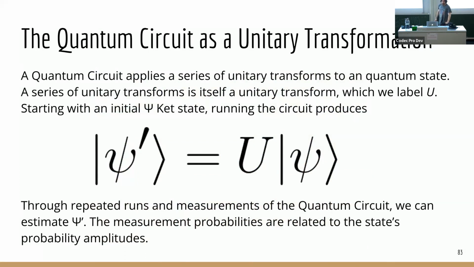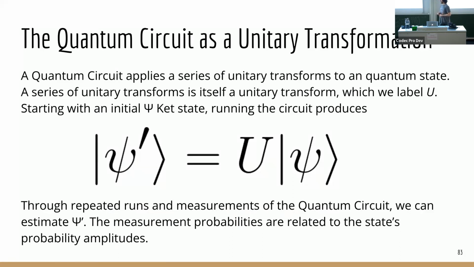So a quantum circuit can really be thought of as a series of unitary transformations that are applied to an initial qubit state. Now, a series of unitary transformations can itself be simplified to just be a single unitary transform.